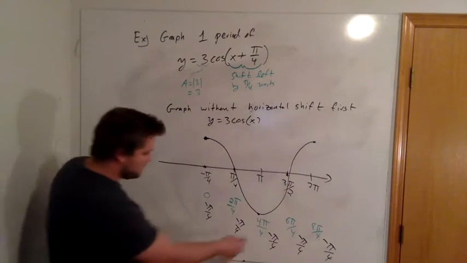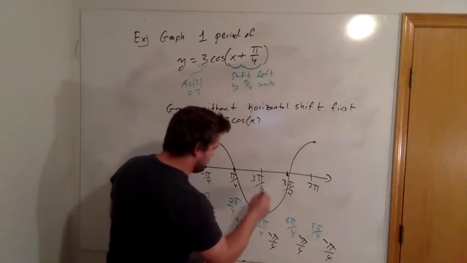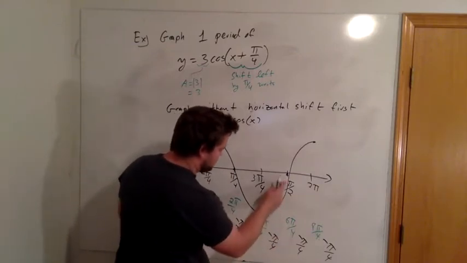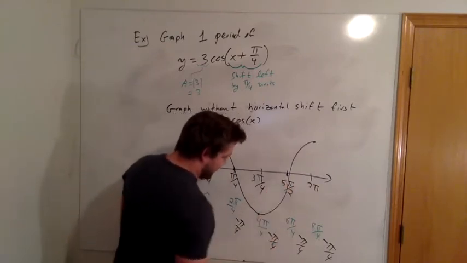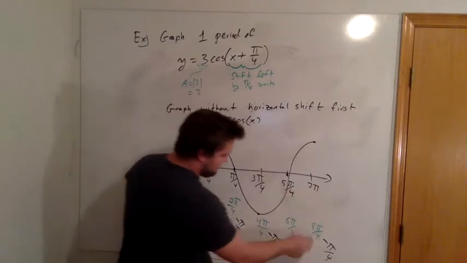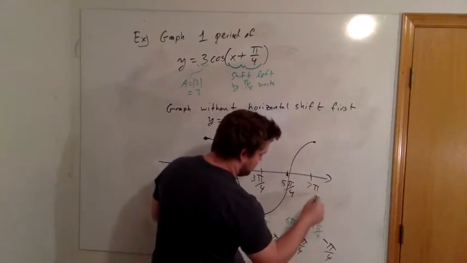Here I have 4 pi over 4, taking away 1, so 3 pi over 4. 6 pi over 4, subtracting 1, gives 5 pi over 4. And 8 pi over 4, subtract 1, gives 7 pi over 4.